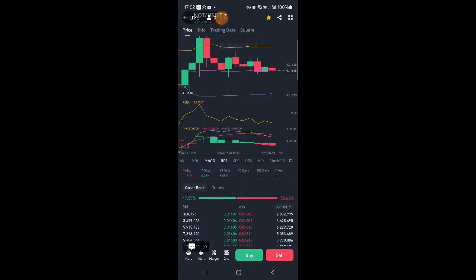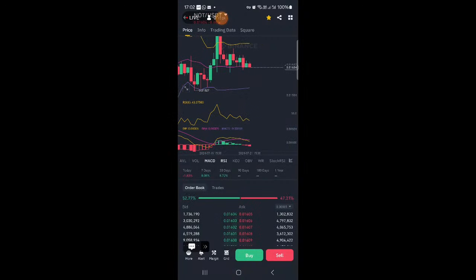You can see the purple line is the MACD line, and the yellow line there is the signal line. I'm going to use this to explain how I make use of this indicator to take my decision on the market. Let me start from the MACD line and the signal line.